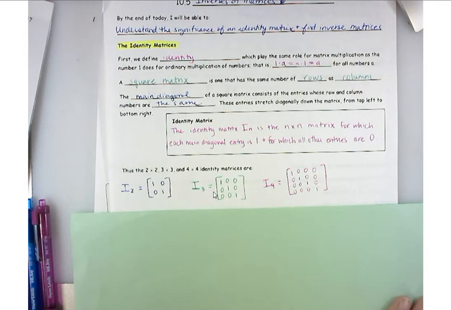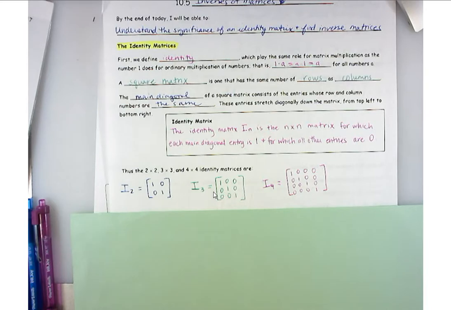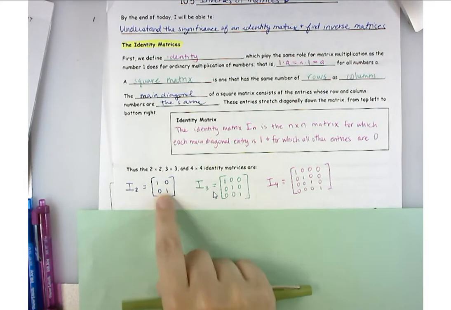So we're going to take a look at what some of those identity matrices are. Okay, so if you look at the 2 by 2, here's your diagonal of 1s, and then the rest are 0.